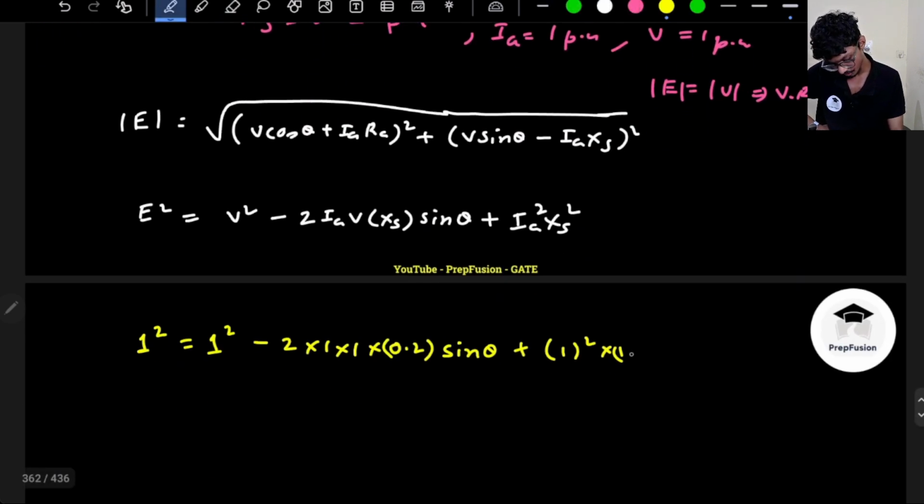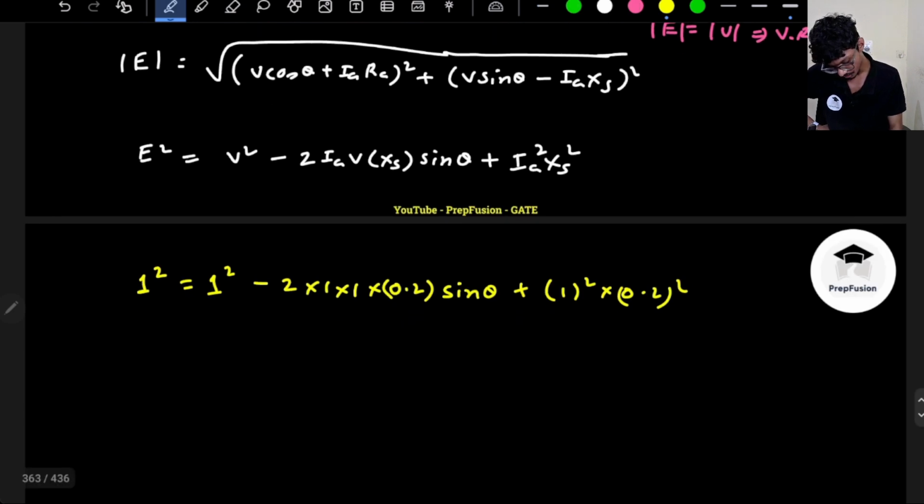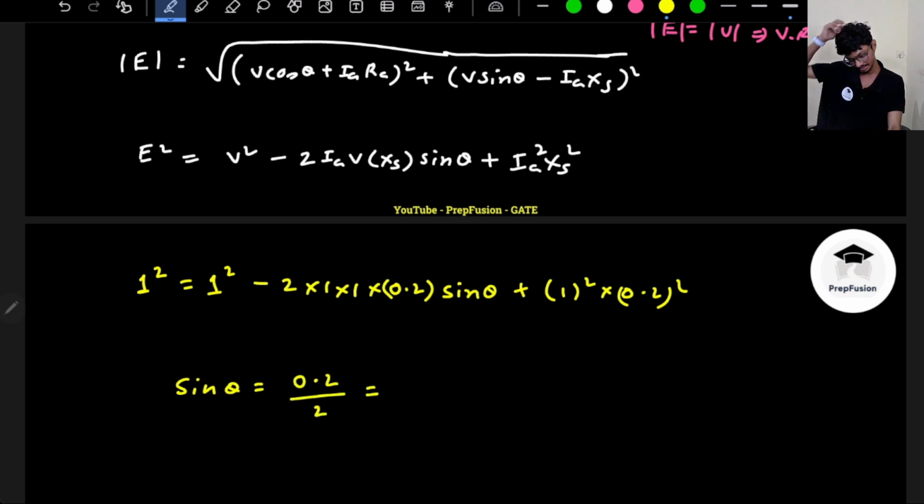Okay, anyway this 0.2 will get cancelled. So what we will be left with is sin θ equals 0.2 divided by 2, so it is 0.1 basically. Sin θ will be 0.1.